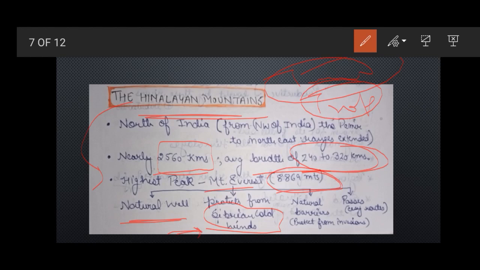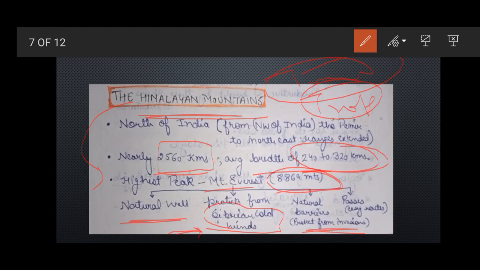It is also considered a natural barrier to the southwest monsoon, and that's why India has a tropical climate instead of a temperate one. Another important thing is that it is also considered a natural barrier.